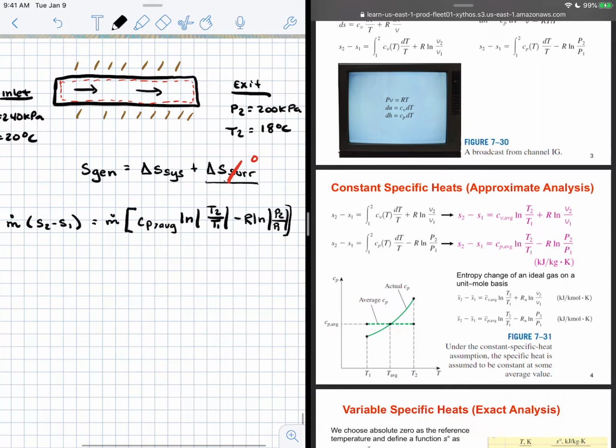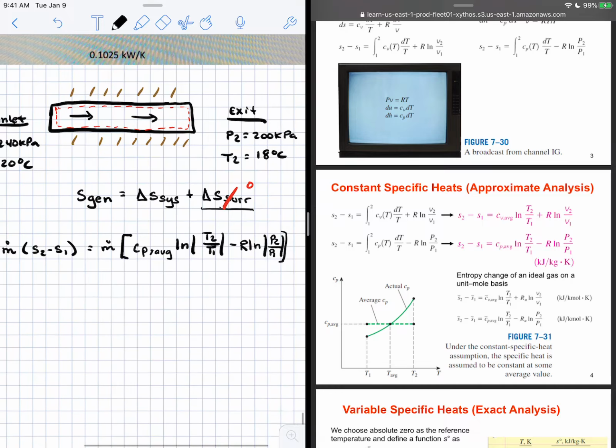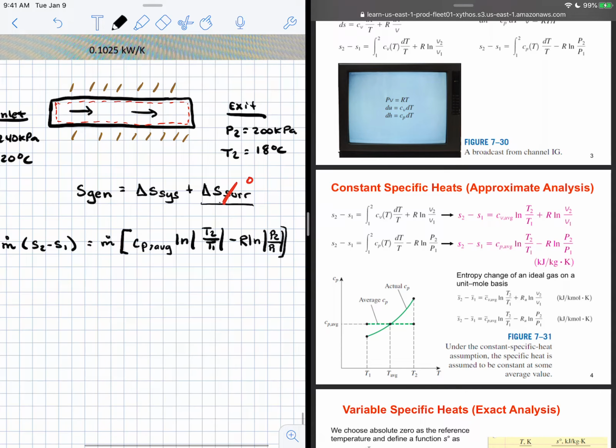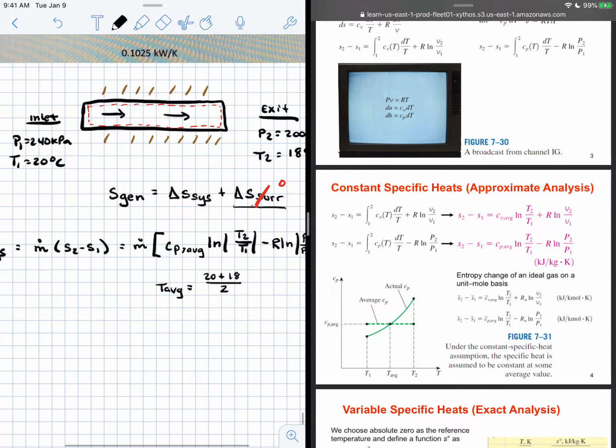A couple of properties we need to determine here. We have the temperature and pressure at the inlet and exit, but we don't know the Cp average. To determine Cp average, we calculate the average temperature, which is T1 plus T2 divided by 2.